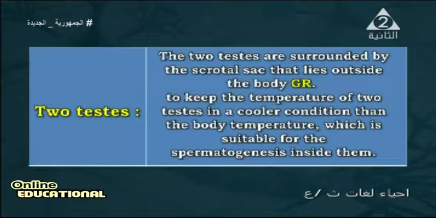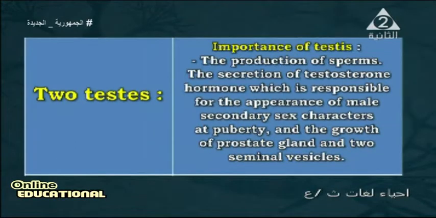The two testes are surrounded by the scrotal sac outside the body, keeping them cooler than body temperature for spermatogenesis. What is the importance of the two testes? Production of sperm and secretion of the testosterone hormone, which is responsible for the formation of male secondary characters at puberty. Puberty means the individual reaches maturity.